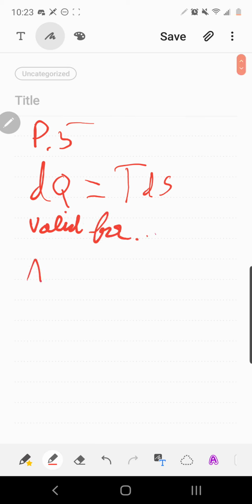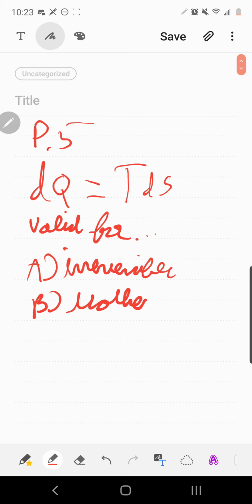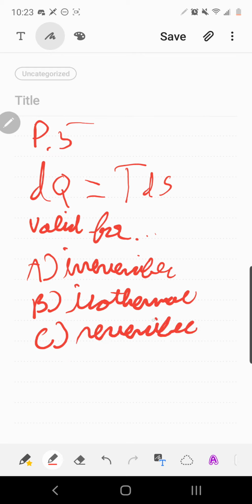What type of process is this? Irreversible, isothermal, reversible, or isobaric?